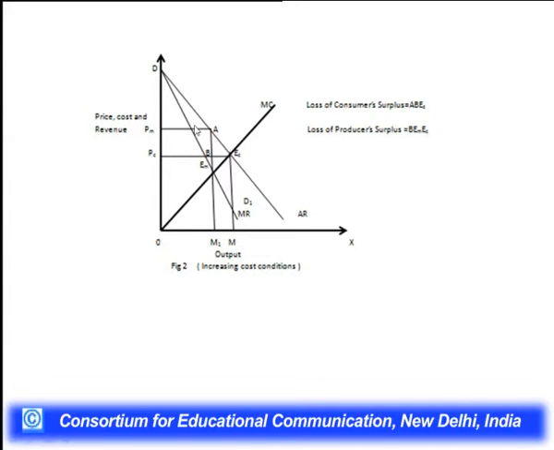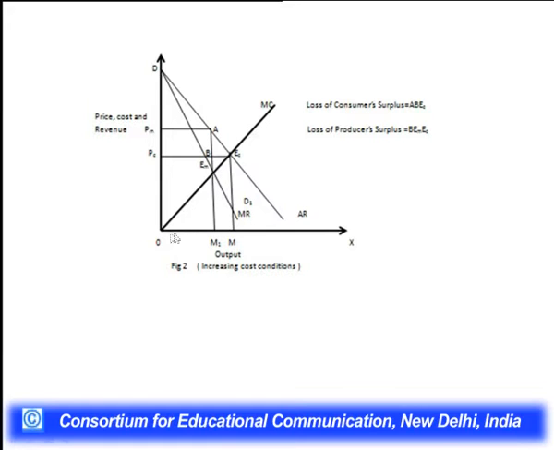Now, we will see what happens when there is a monopoly. In monopoly, equilibrium is where MC is equal to MR. So, MC is equal to MR at point EM for equilibrium under monopoly.